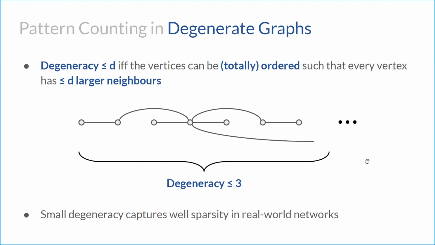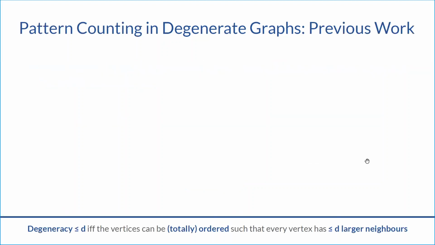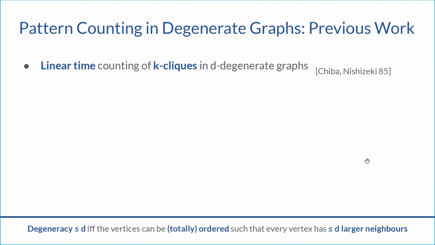Again, we are also not the first ones to study pattern counting in degenerate graphs. Let me give you an overview over some of the existing results. The first one, more than 30 years ago, Chiba and Nishizeki proved that you can count k-cliques in linear time in D-degenerate graphs if D is a constant.